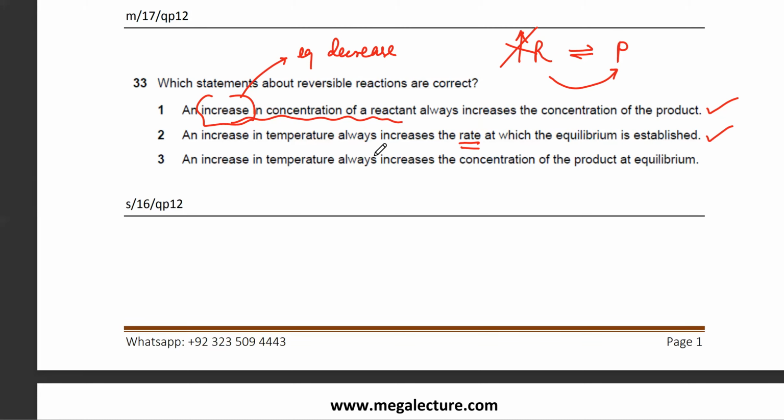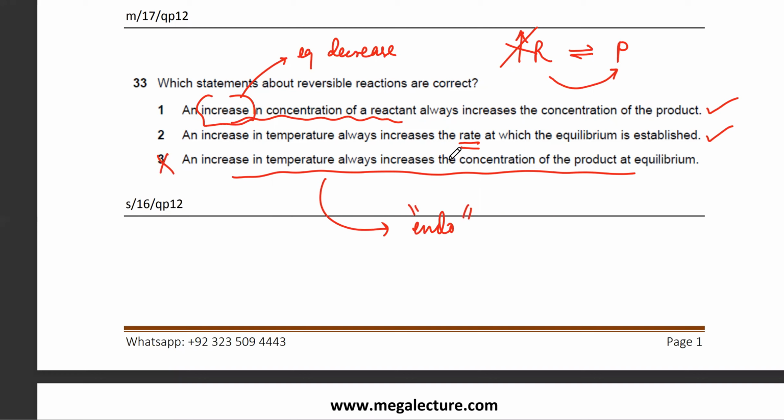Last, an increase in temperature always increases the concentration of the product. That is not going to be true. Why? Because now again, he switched to equilibrium. He's talking about the amount of product at equilibrium. When you increase temperature, the endothermic reaction is favored.